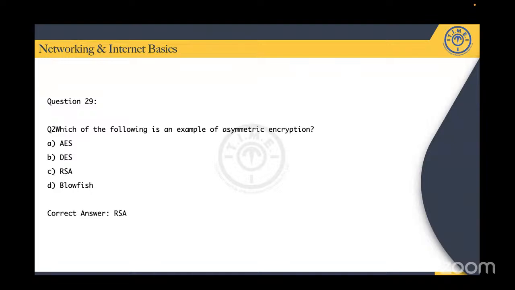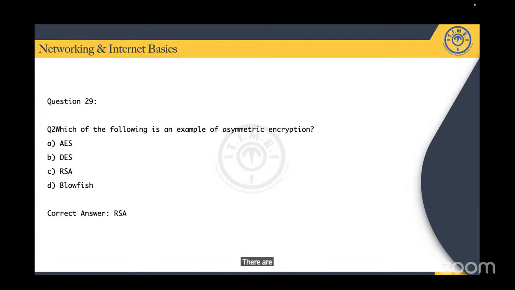Which of the following is an example of asymmetric encryption? Answer is RSA. Encryption types are often tested in exams.